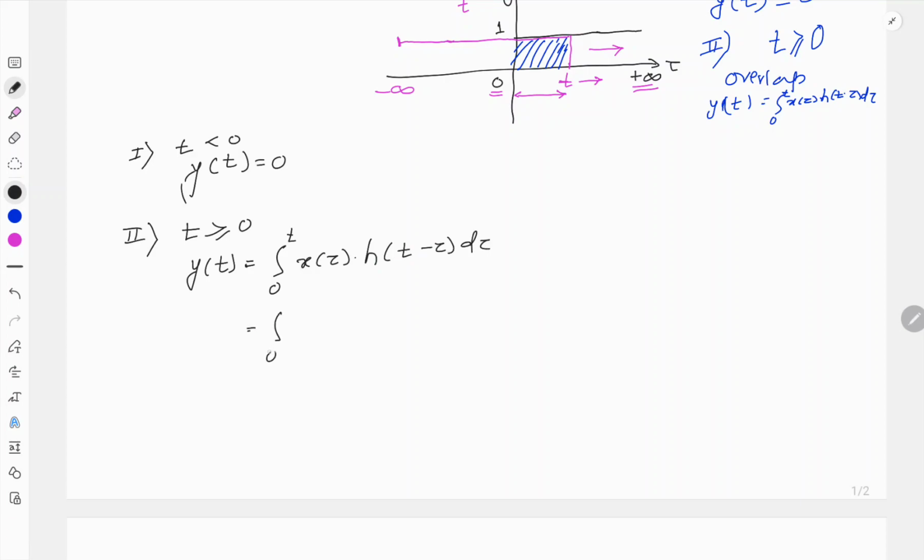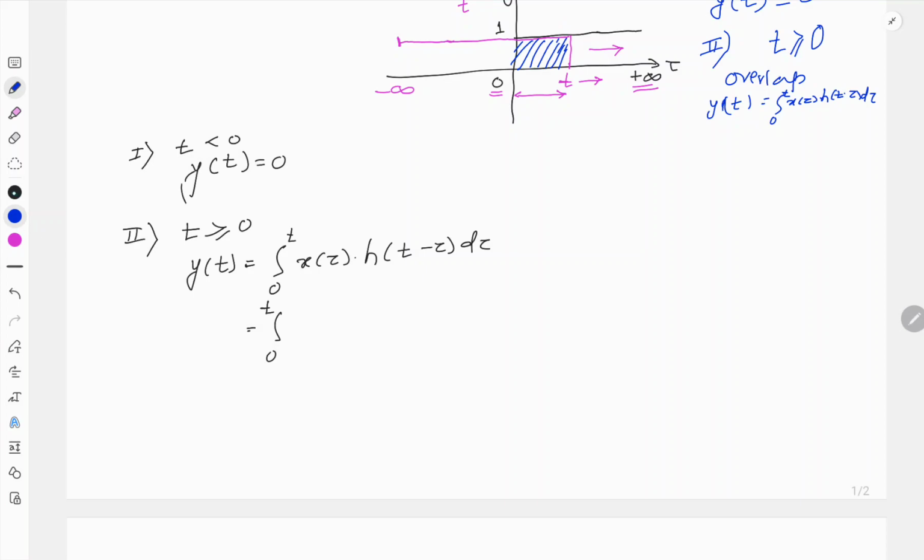Now if we look at the values of x of tau and h of t minus tau, in this overlapping region both these signals have amplitude equal to 1.